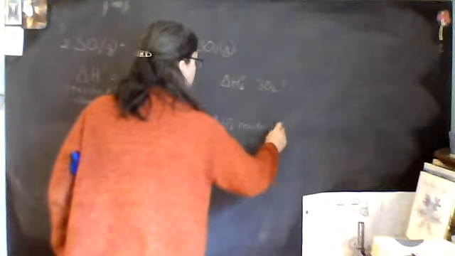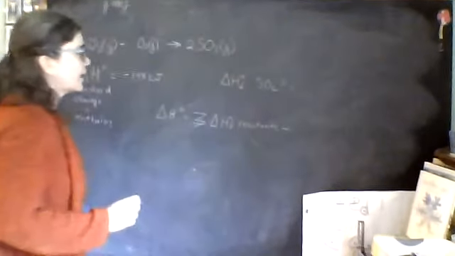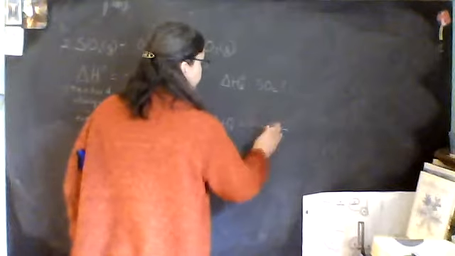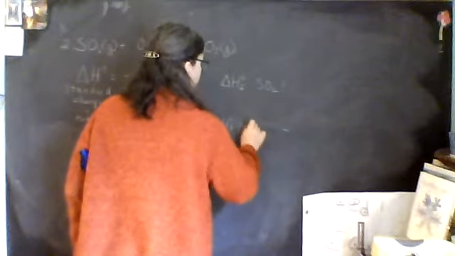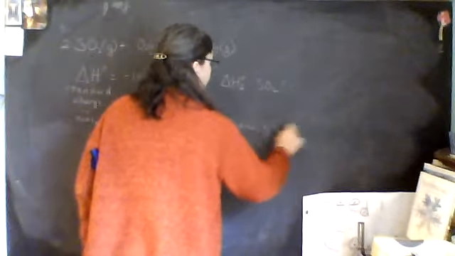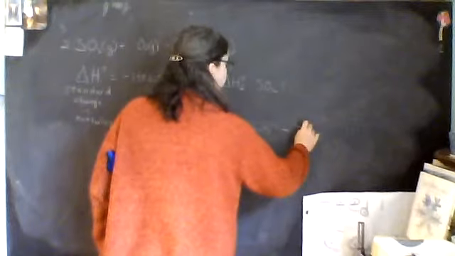The products minus reactants, right? Yeah. Sorry, I'm writing wrong. Products minus the summation. Give me that symbol so that I can write this.